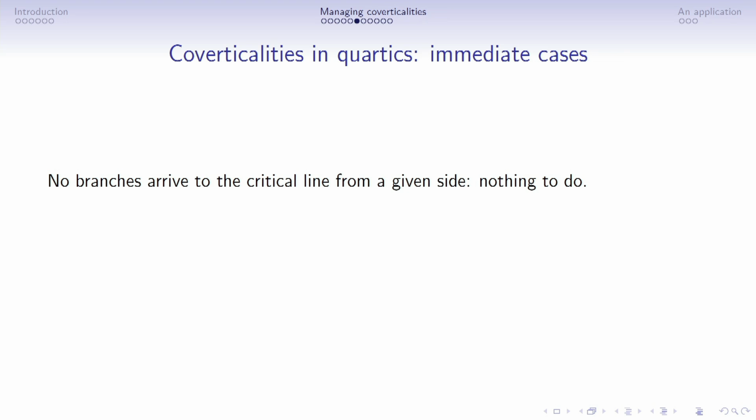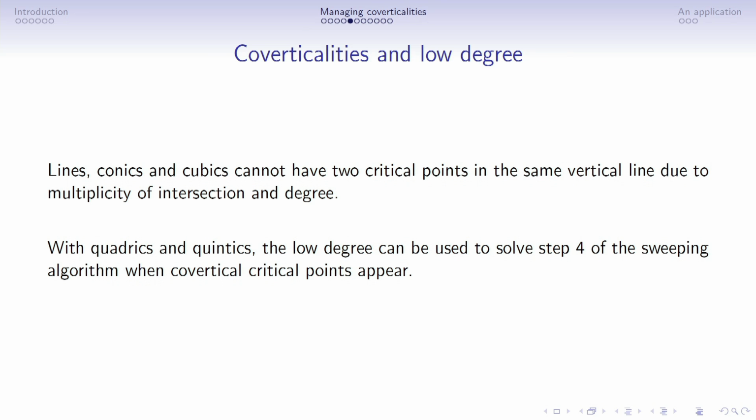The point is that in quartics, when we have low degree, the singular points are easy to treat, because we have explicit expressions and we can compute the branches in there. So there is an immediate case, that's when we have only as many branches as the regular points. We have nothing to link to any critical points.